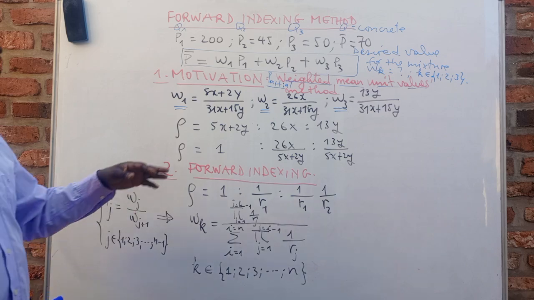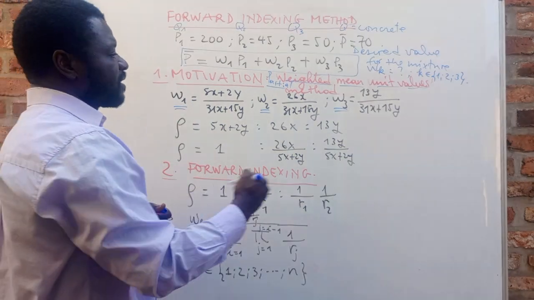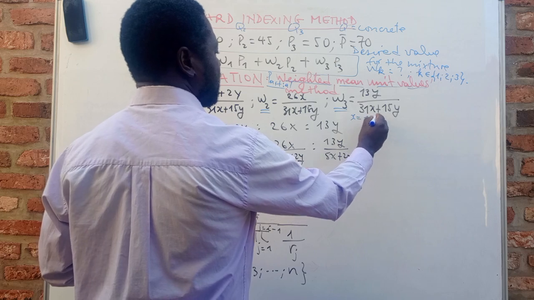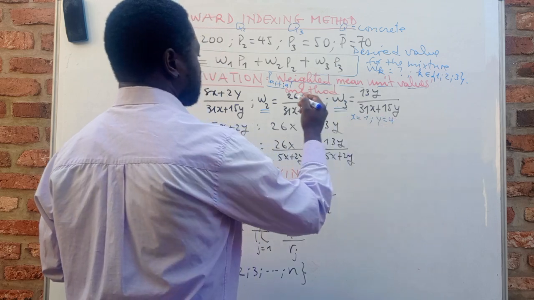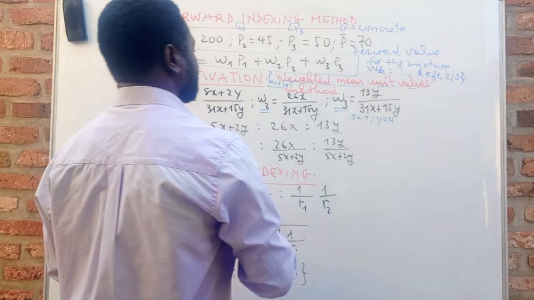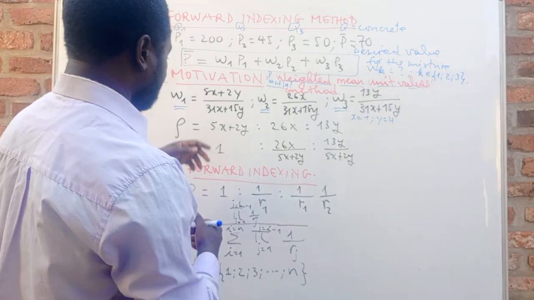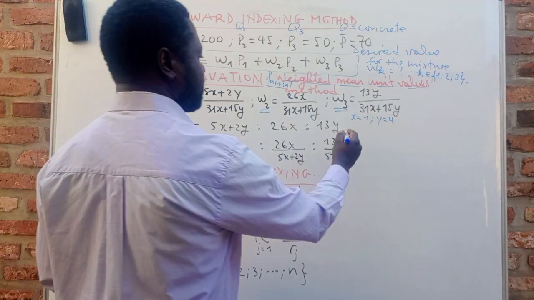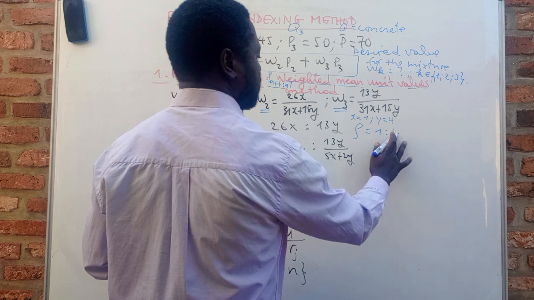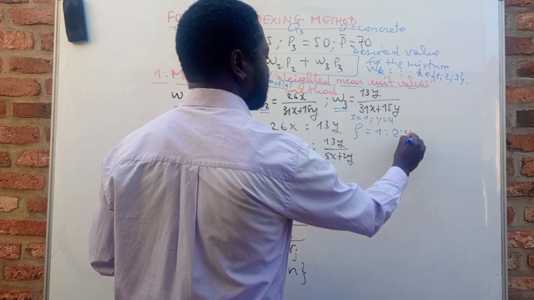Last time we said that if you take x equal to 1 and y equal to 4, we found that the ratio will be 1, 4, 2, 4, 2, 4.